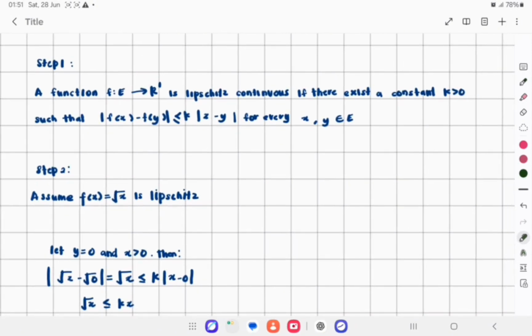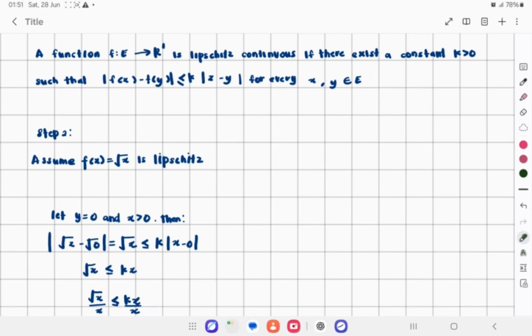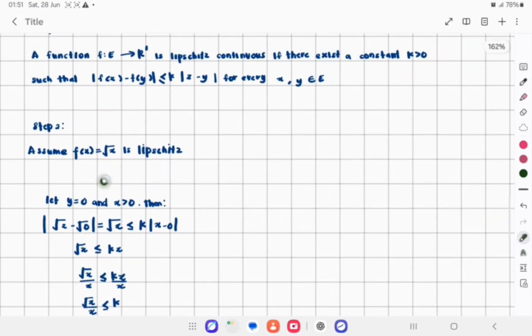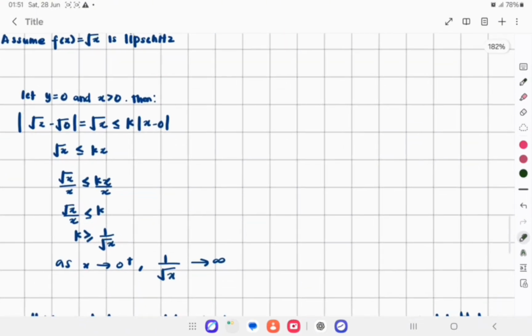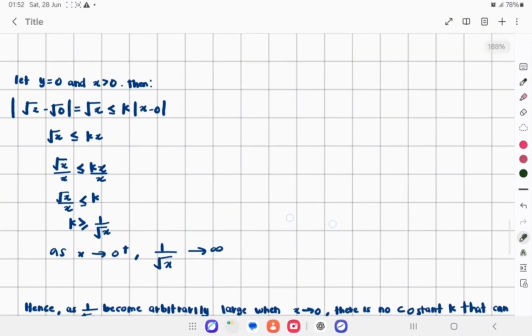Step 2, assume the function f(x) equals square root of x is Lipschitz. So, we let y equal 0 and x greater than 0. So, for y equals 0, kita gantikan dalam function ni. And then, kita akan dapat macam ni. Bila kita dapat macam ni, kita boleh divide by x. Kita divide kiri dengan kanan dengan x. Lepas tu, kita akan dapat k greater than or equal to 1 over square root of x.